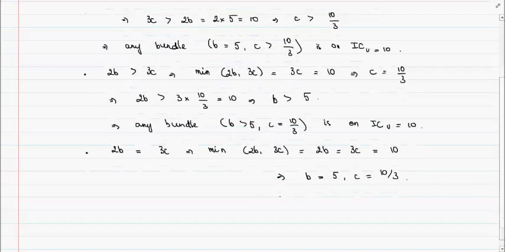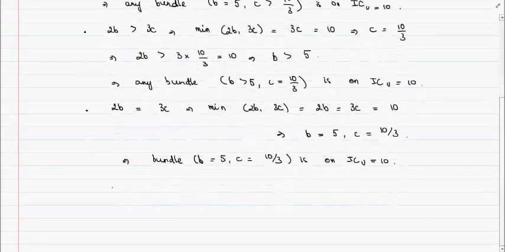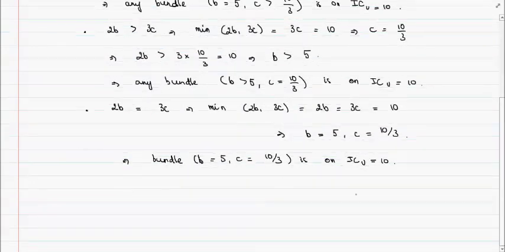So this bundle is also on the indifference curve with a utility level of 10. We got all of the bundles that we want, covering all of the cases.